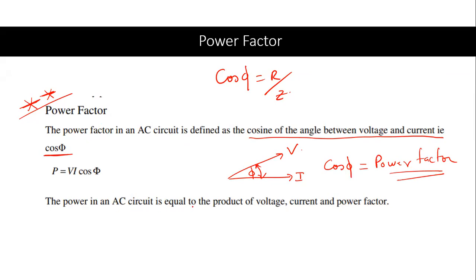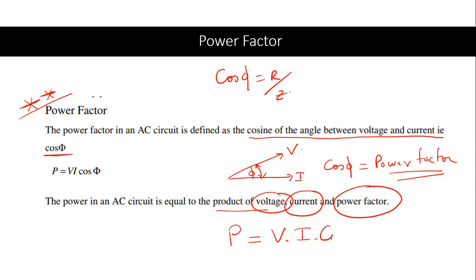The power in an AC circuit is equal to the product of voltage, current and power factor. That's why we use the term P equal to V into I into cos phi. What is this cos phi? This is power factor. Power factor is nothing but the cosine of the angle between voltage and current. This is how we have to remember this.